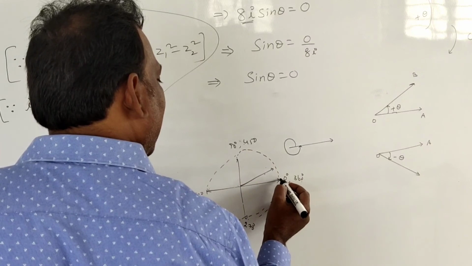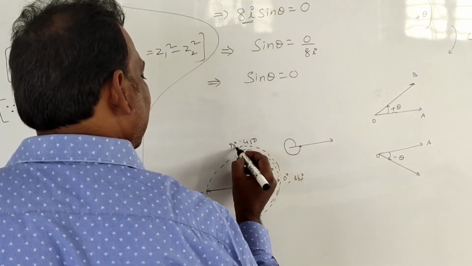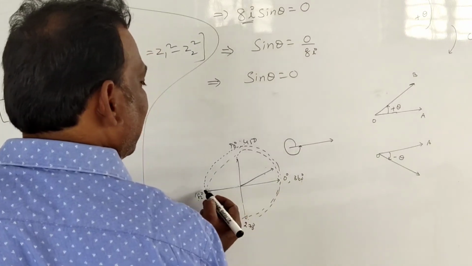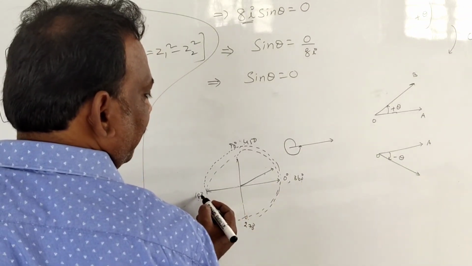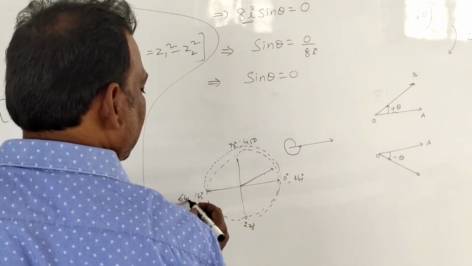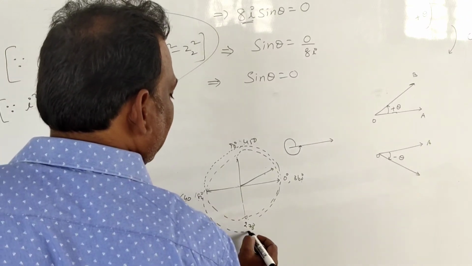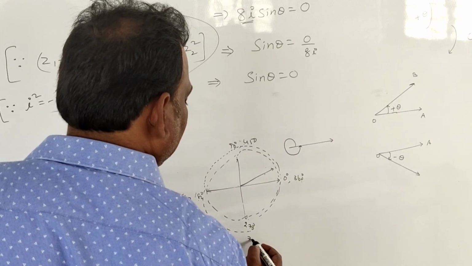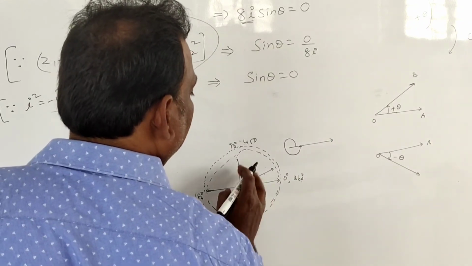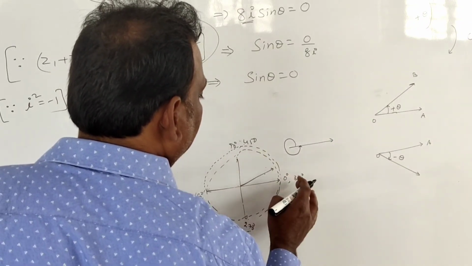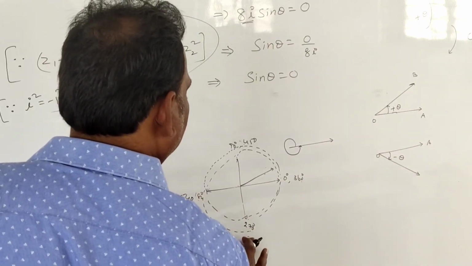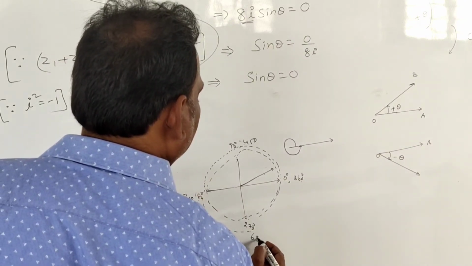Again it starts the second rotation. Again it will come here, 360 plus 180, 540. Then 360 plus 270, 630.